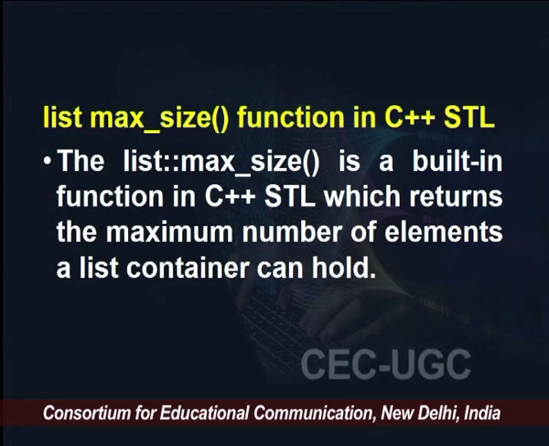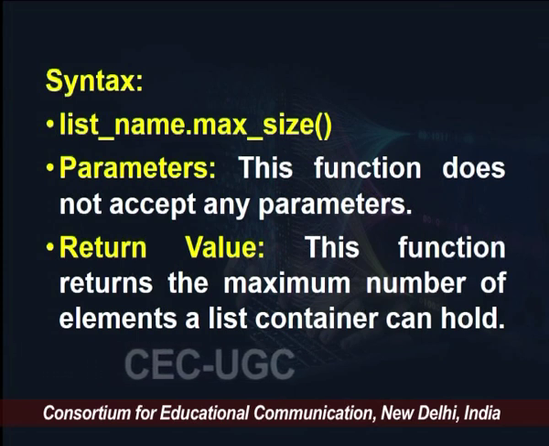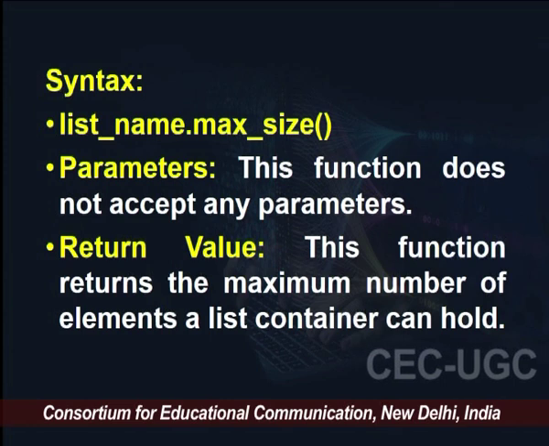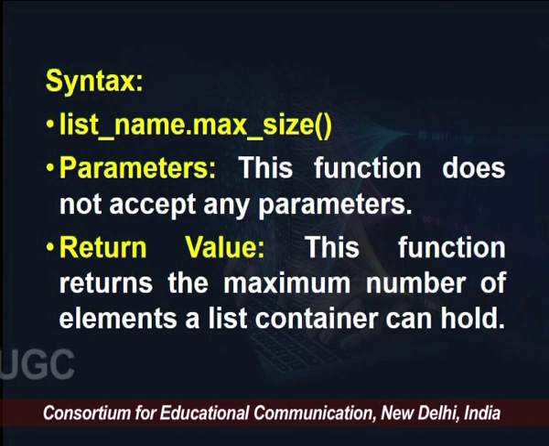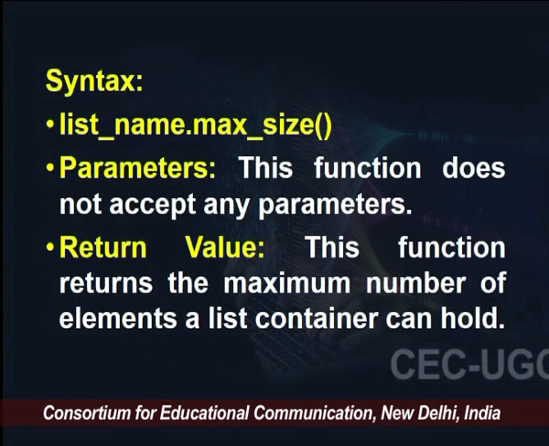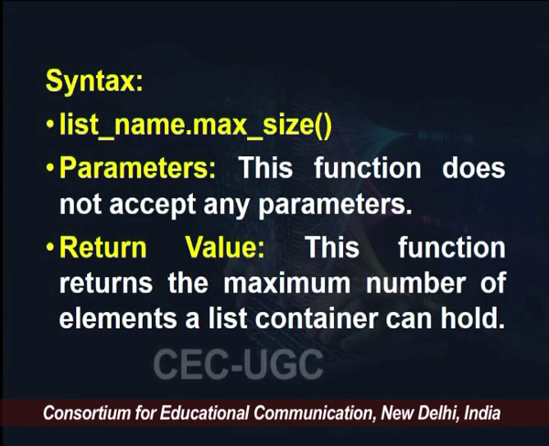The syntax is list_name.max_size, no parameters obviously, so this function does not accept any parameter. As far as the return value is concerned, it returns the maximum number of elements that list container can hold.